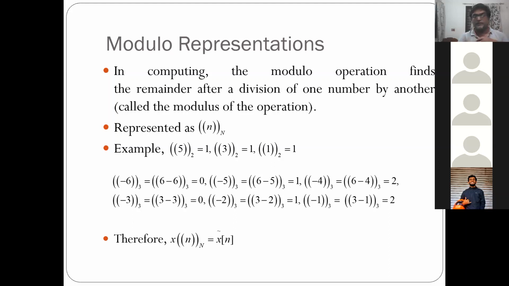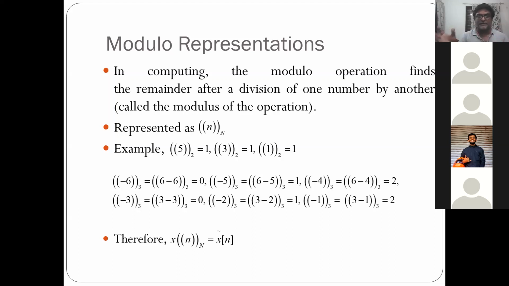So in computing, you might have this modulo operator whenever you use a high-level programming language such as Python, or when you use packages such as MATLAB or Scilab or Maple or Octave, etc. You will have this built-in modulo operator. What it basically does is compute the remainder after a division of one number by another number. But it's slightly different from the conventional remainder that we see.